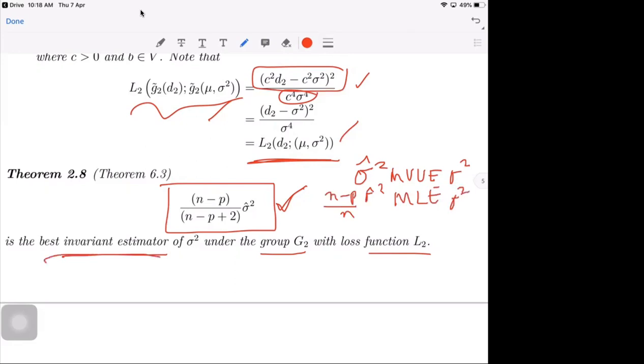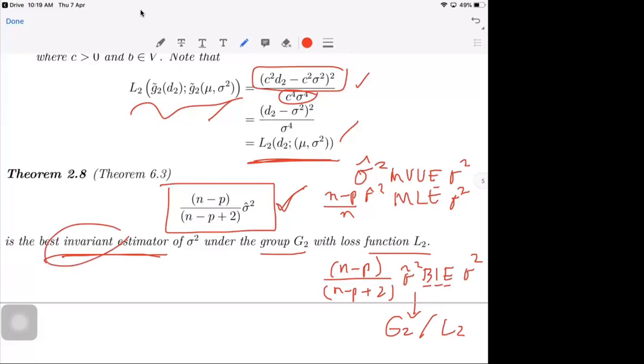But the best invariant estimator is (N minus P plus 2) sigma hat squared. This is the BIE or best invariant estimator for sigma squared. But then again, it should be specified that it is a best invariant estimator under the group G2 and under the loss function L2. So invariance depends on your group of transformation and loss function.